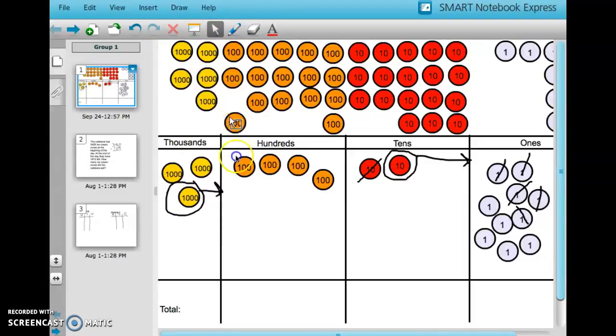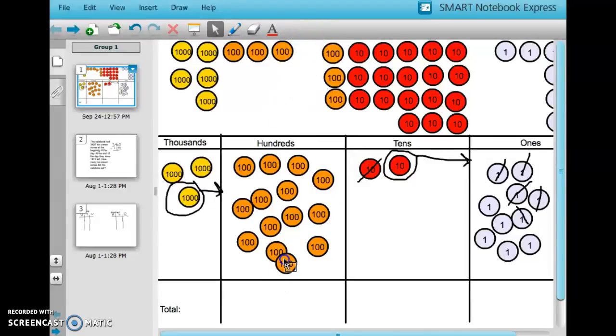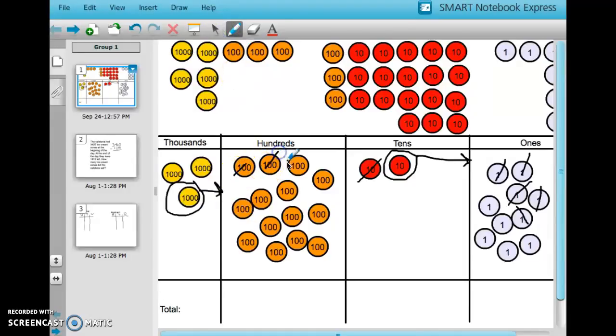So we're going to put them in. 1, 2, 3, 4, 5, 6, 7, 8, 9, and 10. Now that we have enough, we can go ahead and subtract the 6 100 value chips. 1, 2, 3, 4, 5, and 6.